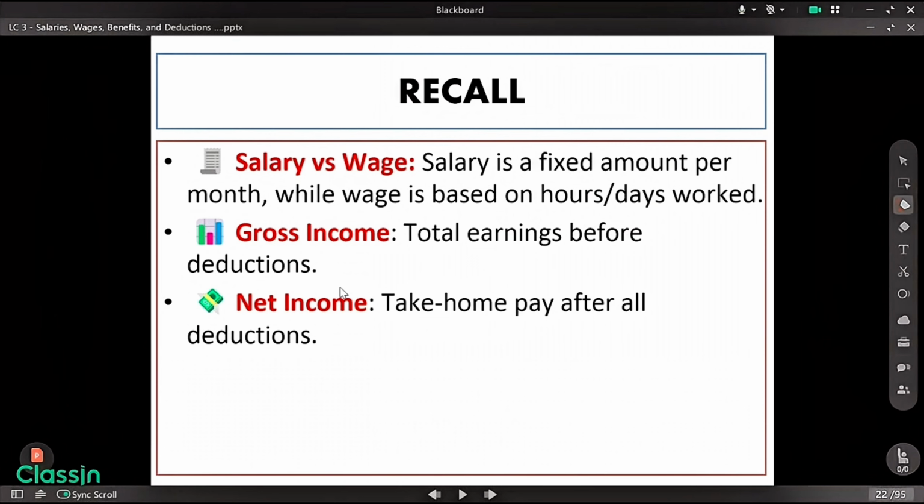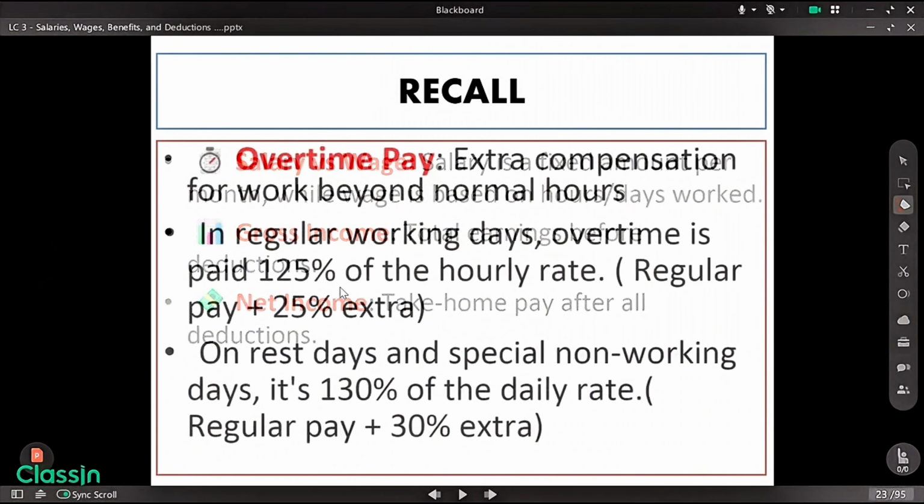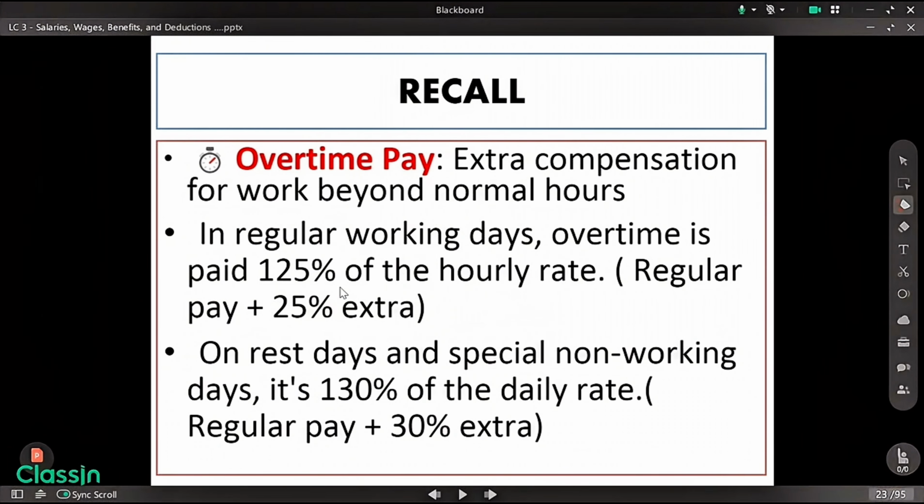As for the gross income, these are the total earnings before deductions. Again, before deductions, while after all the deductions, the take-home pay is called net income. And overtime pay, as we all know, is extra compensation for work beyond normal.